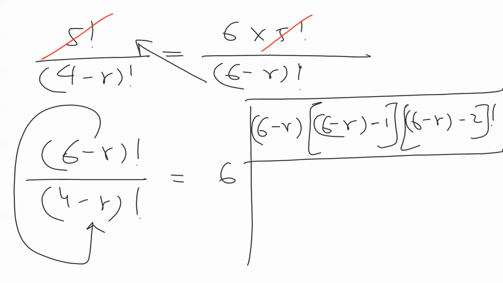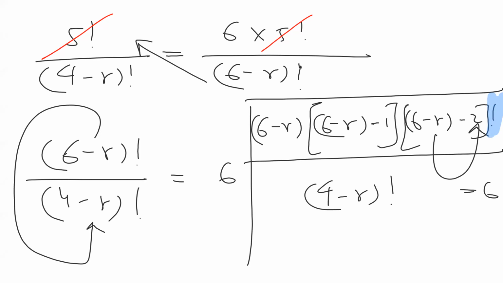Okay. I'm stopping at 6 minus r minus 2. Can you tell me why? I'm putting a stopper over here. Why? Because I got my 4 minus r. Correct. Perfect. I got my 4 minus r. So this equal to 6.